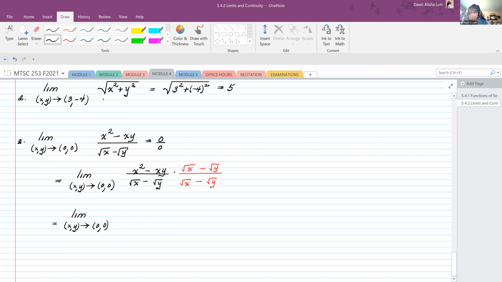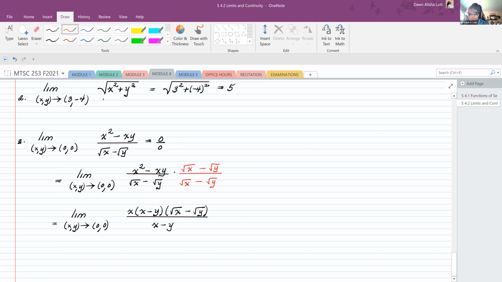So let's simplify this. I'm going to factor out the x. I was factoring out an x. Brain, come on, brain. x times (x minus y) times the square root of x minus the square root of y. And in the denominator, I get x minus y.